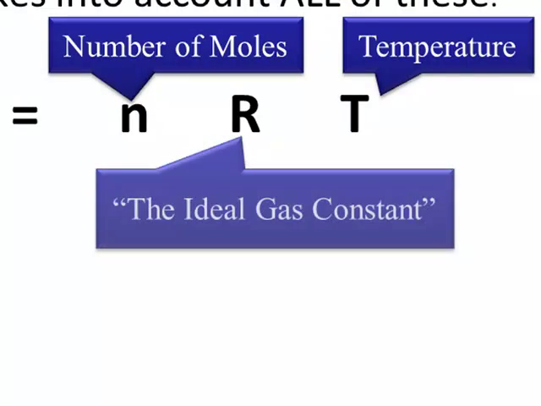This is what's called the ideal gas constant. It's a value that allows us to solve this equation for any one of the other variables: pressure, volume, number of moles, or temperature. The value of the ideal gas constant actually depends on what units you're using.